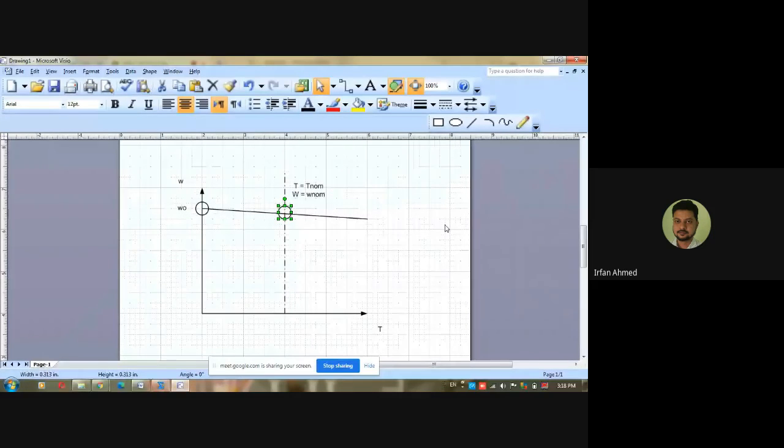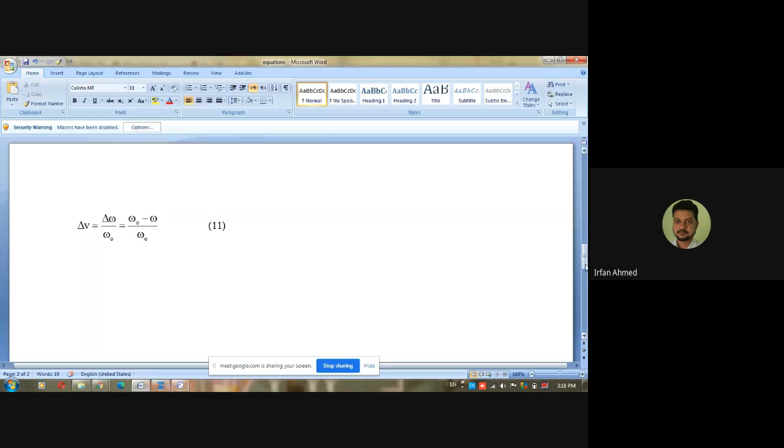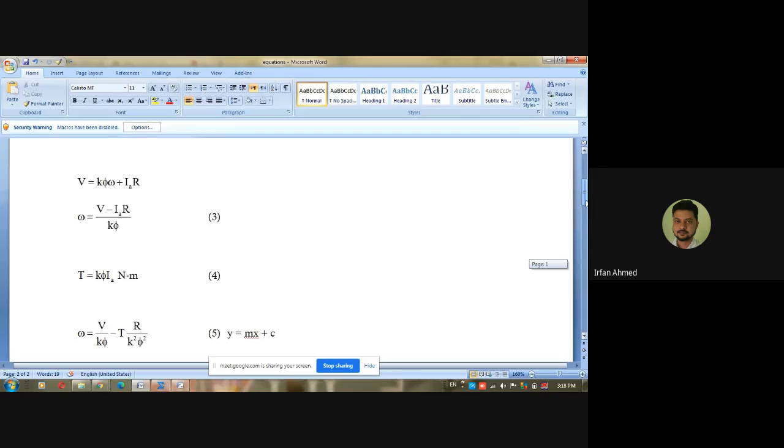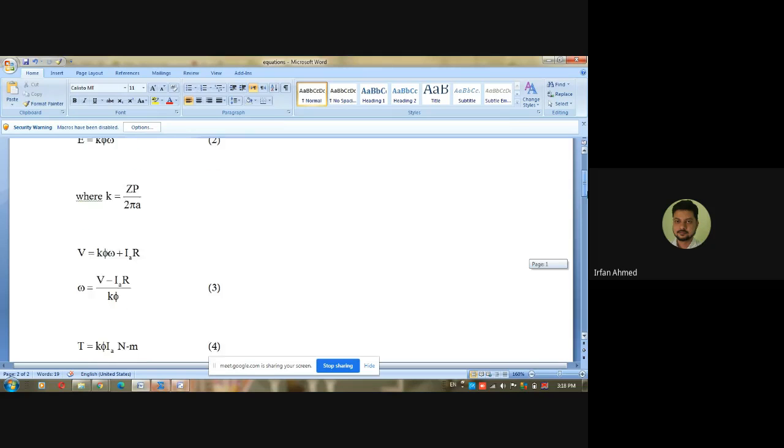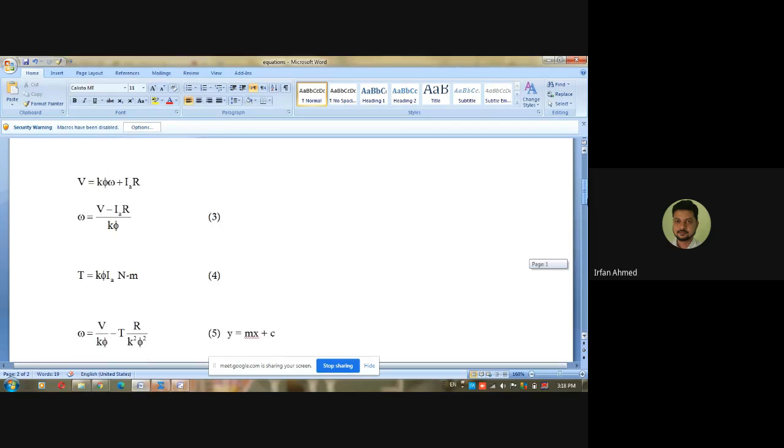The nameplate or data sheet of the motor will give you the rated speed, that is omega nominal, and from omega nominal you can find the nominal torque. Is that correct? How will you find the nominal torque from the nominal speed? By using the equation. Torque is equal to K phi Ia, where K phi is C.